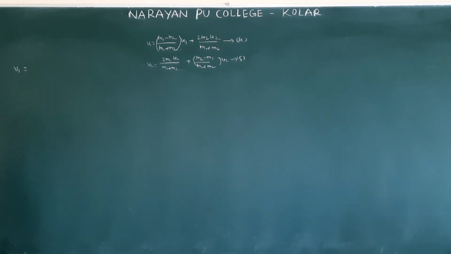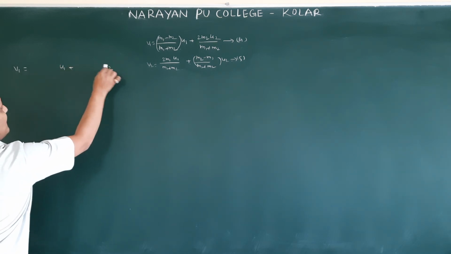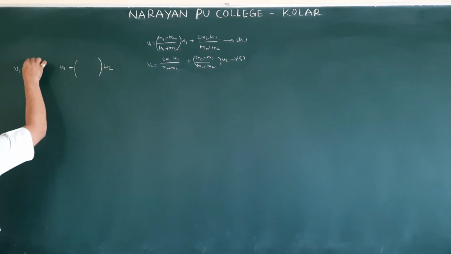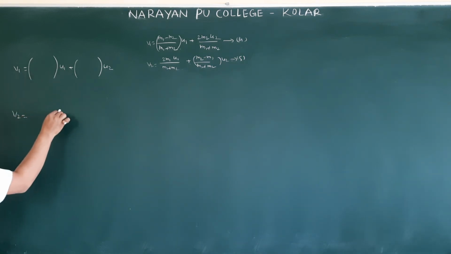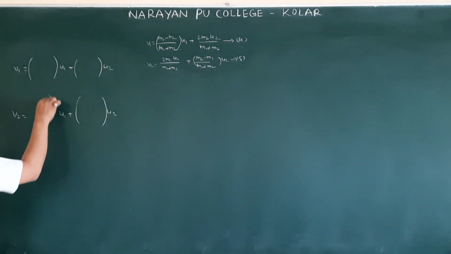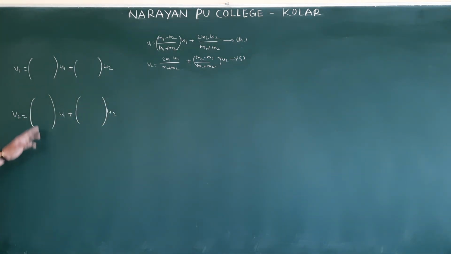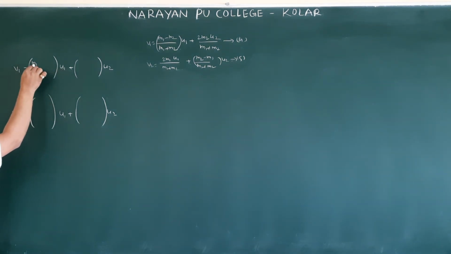We are writing V1. So take U1 here, U2 here. Keep one bracket here. We are writing V2. Again, U1 here plus U2 here. Keep one bracket. In this bracket, what will become? Whenever it is starting with U1, we are going with M1.